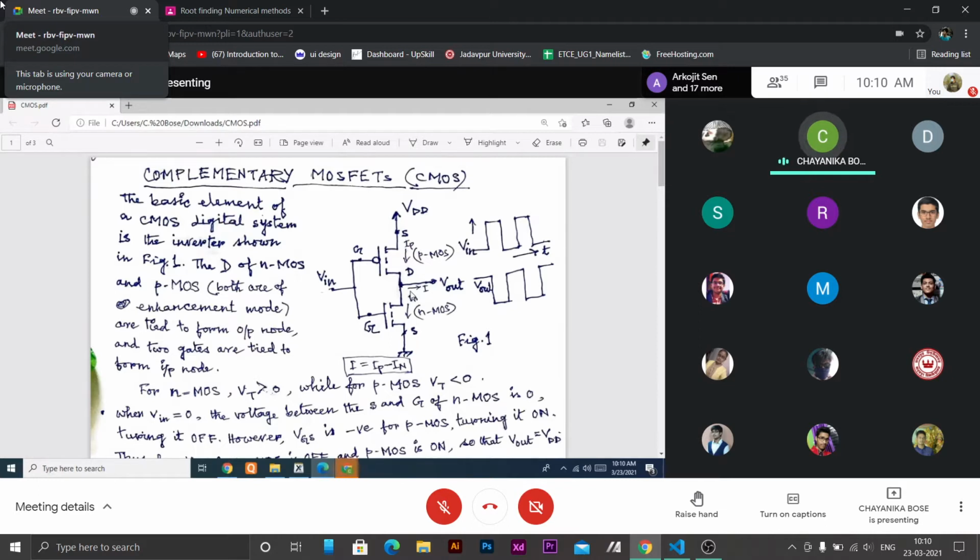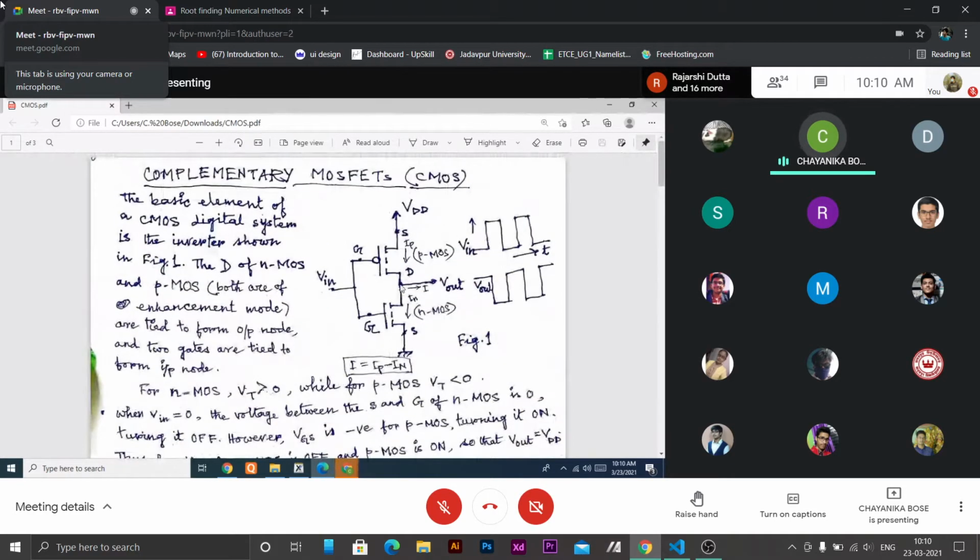So these are the two steady states possible for a switch. And in the steady state condition, no power is drawn, no power is consumed by the CMOS inverter. So this inverter block is used as the building block of many of the digital systems used in ICs.